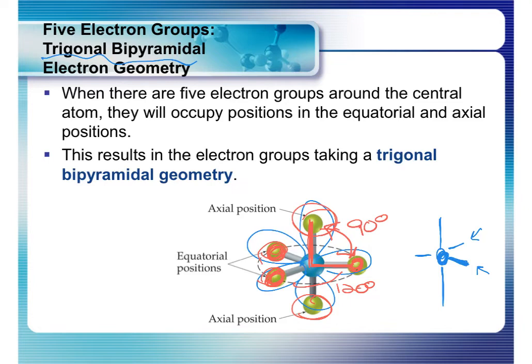Would you rather be in the axial position or equatorial? Well, hopefully you picked equatorial because you've got 120 degrees between your nearest neighbors. Whereas if you pick axial position, you're only going to be 90 degrees from all of your neighbors.